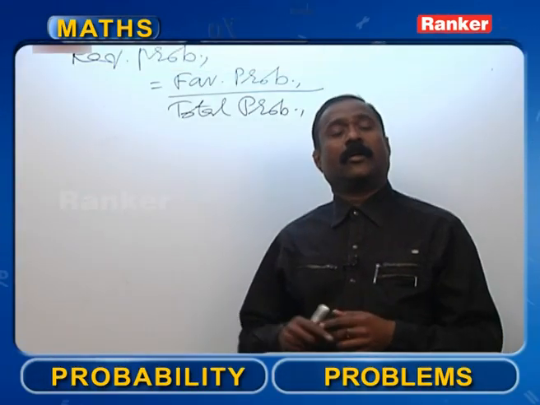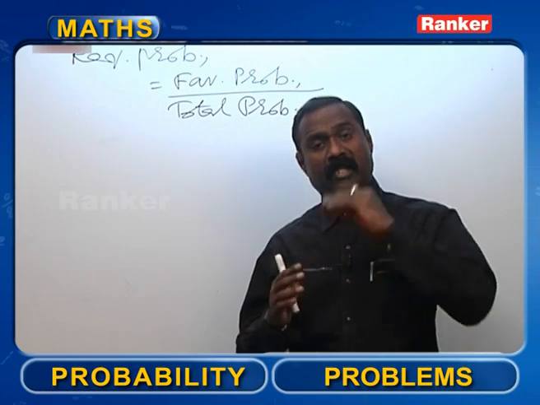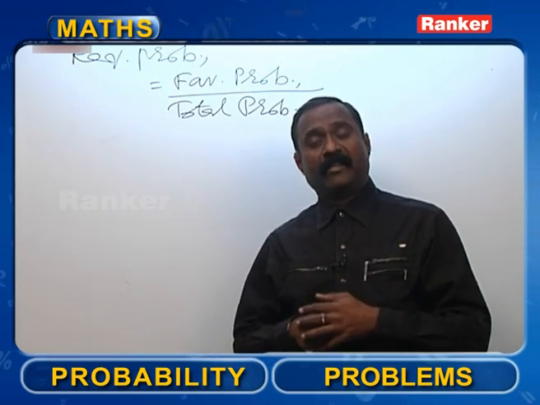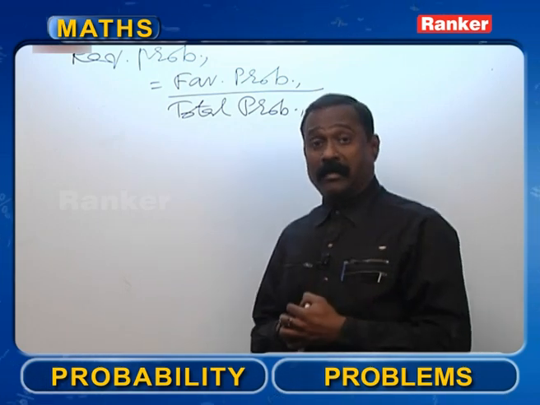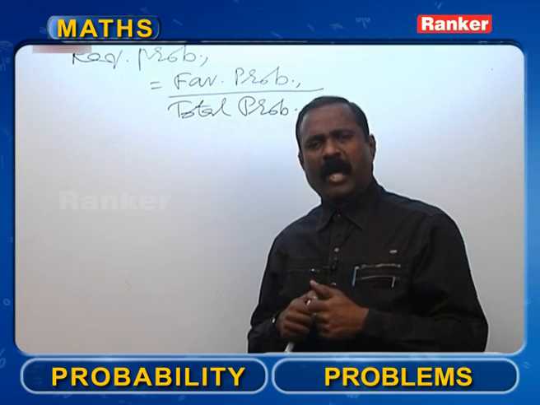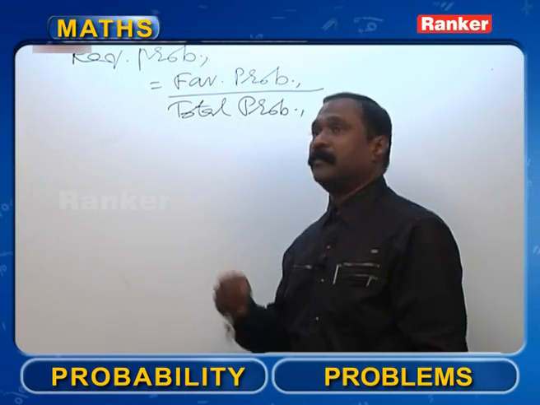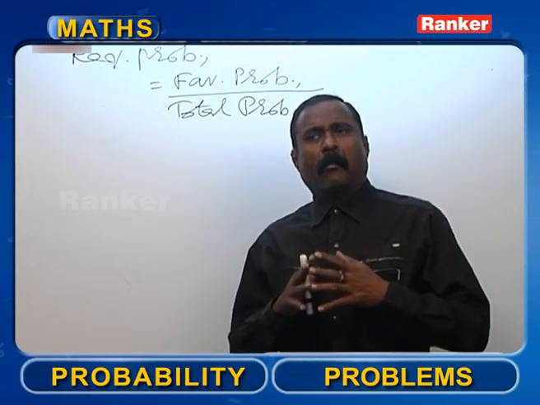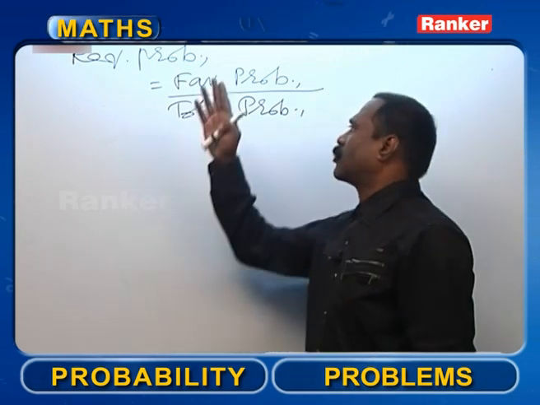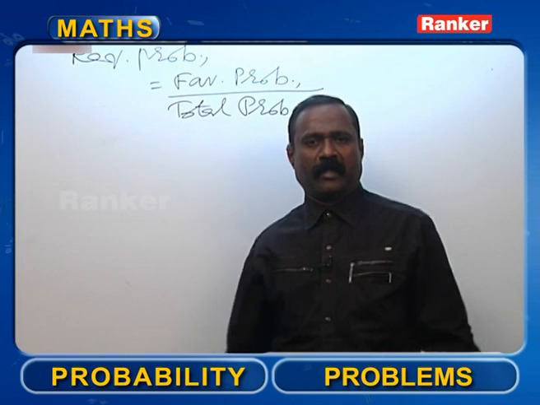If it is subjective, you have to write all the steps, considering A, B1, B2, B3. If three events are there, you have to write all of them. But because it is objective, you have to have more pace while working out the problem. So the moral of the Bayes theorem, the story of the Bayes theorem, is nothing but favorable probability divided by total probability.